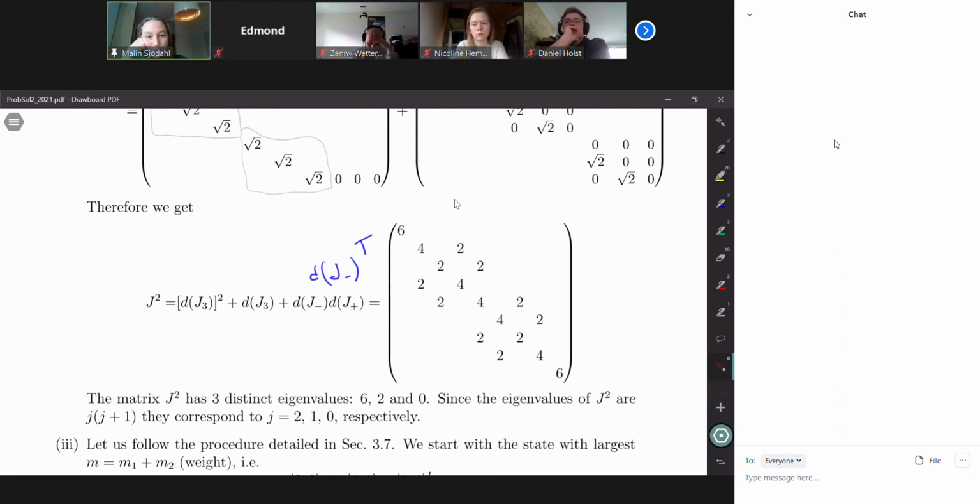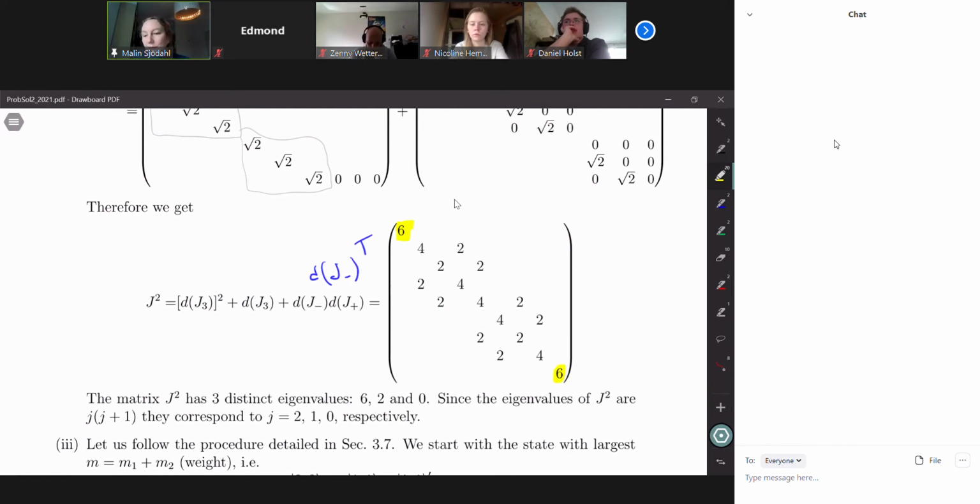And we can analyze now the eigenvalues of this matrix. So first, if we have a look at it, we immediately see that we have an eigenvalue standing there and an eigenvalue standing there. So it has the eigenvalue 6.